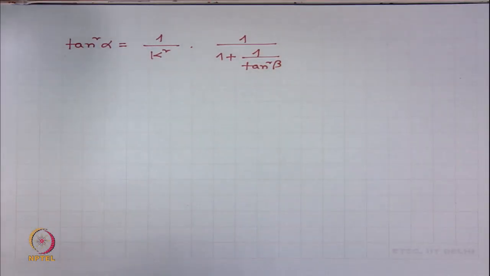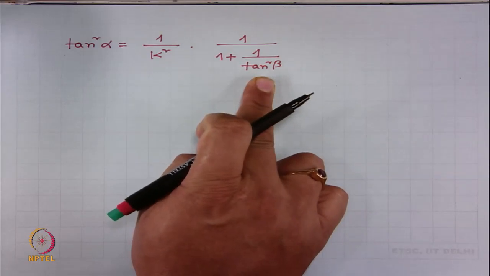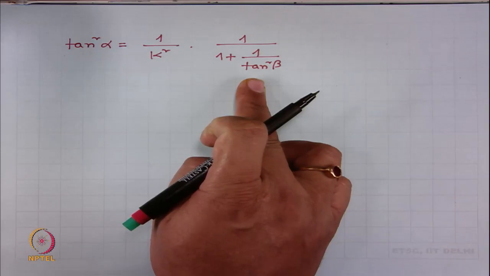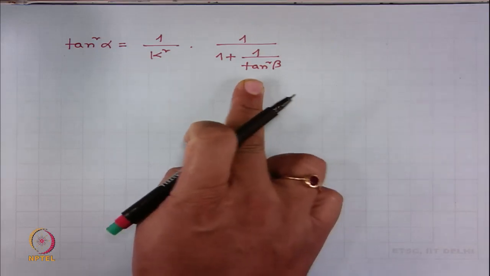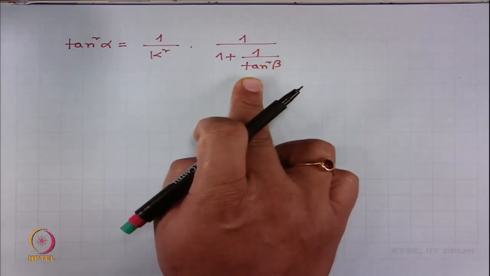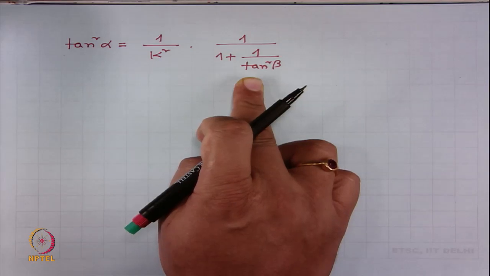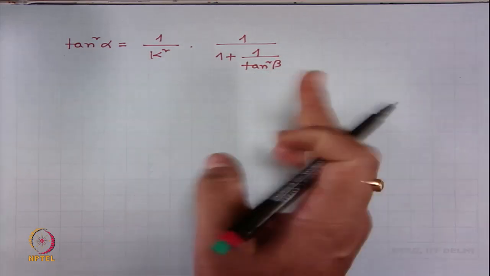Now, you see tan square beta is much less than 1, so 1 by tan square beta is much greater than 1, right. Very large quantity plus 1 remains that large quantity.